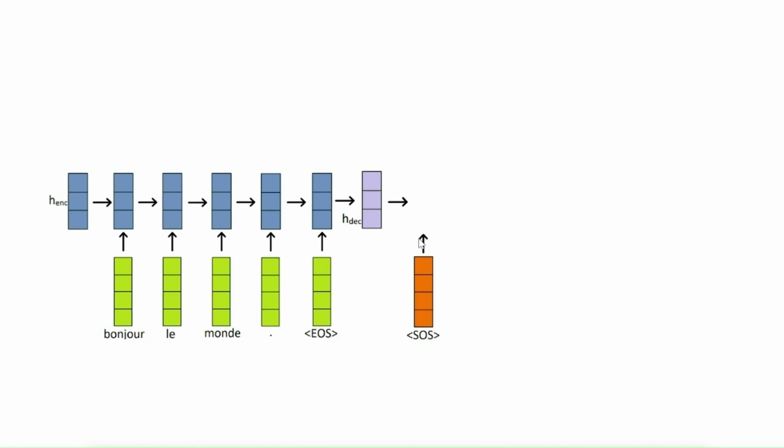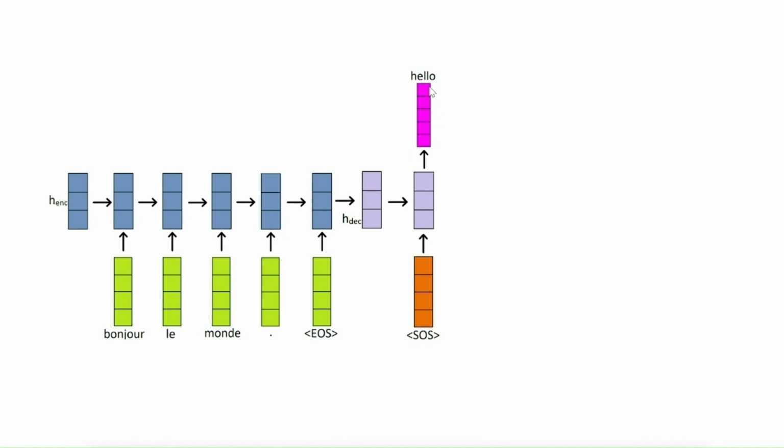Along with the first embedded input of the target word, which is usually the start of sentence token that tells the decoder that it's time to start decoding, a new hidden state is generated. Then this goes through a fully connected layer and a softmax function to become our prediction for the first translated word.